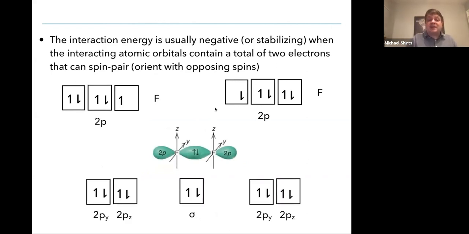You've got the py and pz that are independent and not participating in the bonding, but the px's form this new molecular orbital, which forms a sigma bond, and then all of the orbitals are filled. And so that's the basic idea of valence bond theory in terms of sharing orbitals.